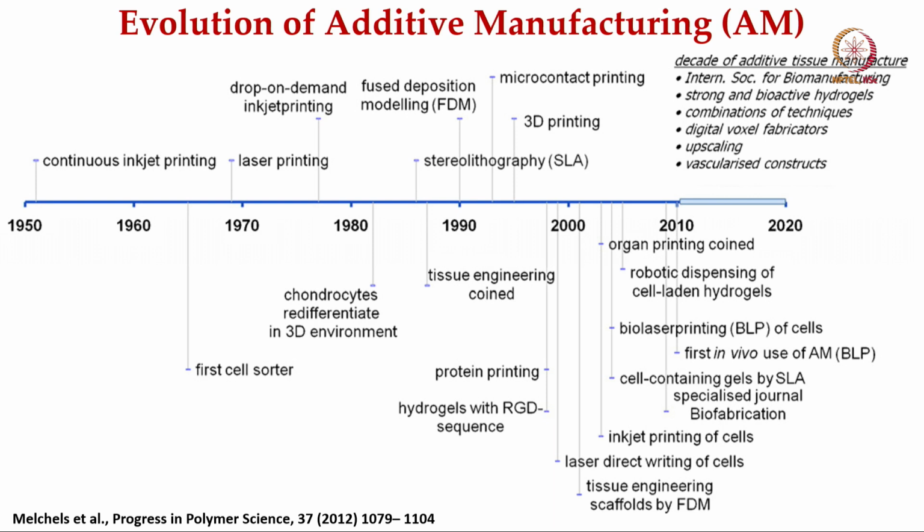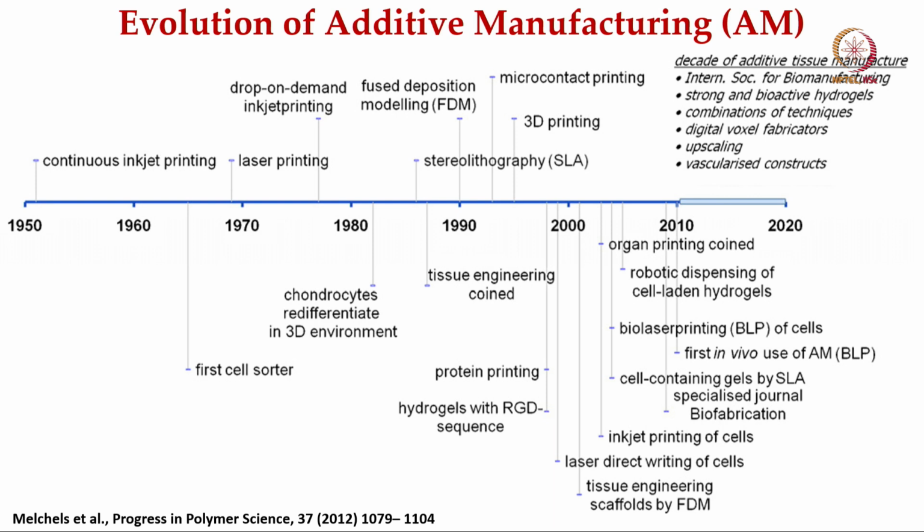This is the decade of additive tissue manufacturing, and the International Society for Biomanufacturing was established. Several research groups around the world started working on bioactive hydrogels, digital voxel fabricators, vascularized constructs, and so on.